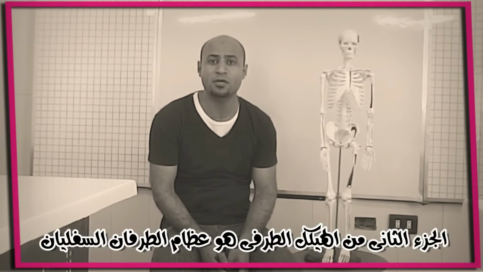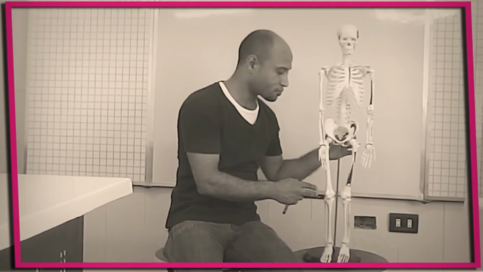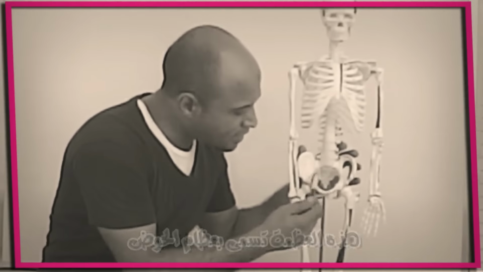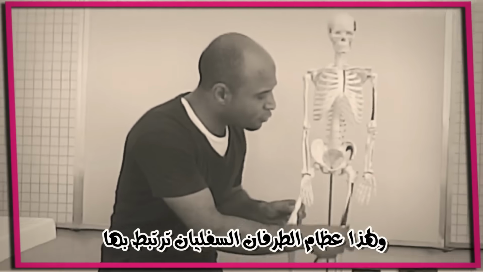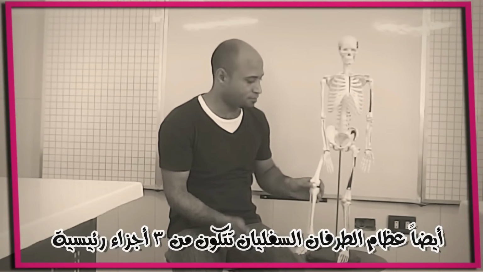The other part of the appendicular skeleton is the bones of the lower limbs. First, they are connected to the pelvic bone. This bone is called the pelvic bone, so the lower limbs are connected to it. Also, it consists of three main parts.